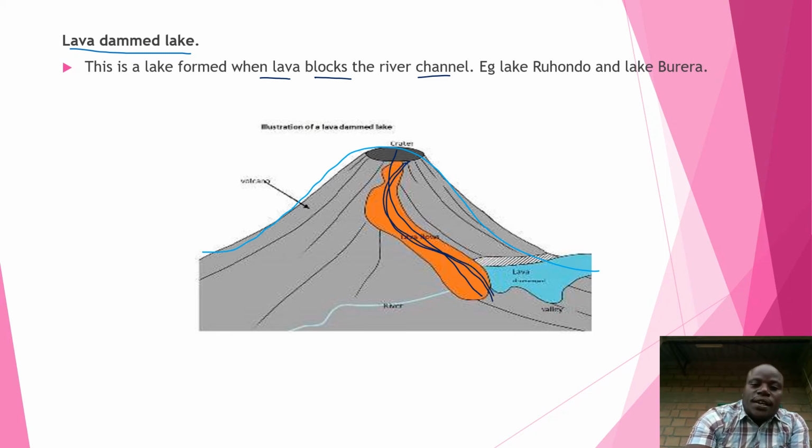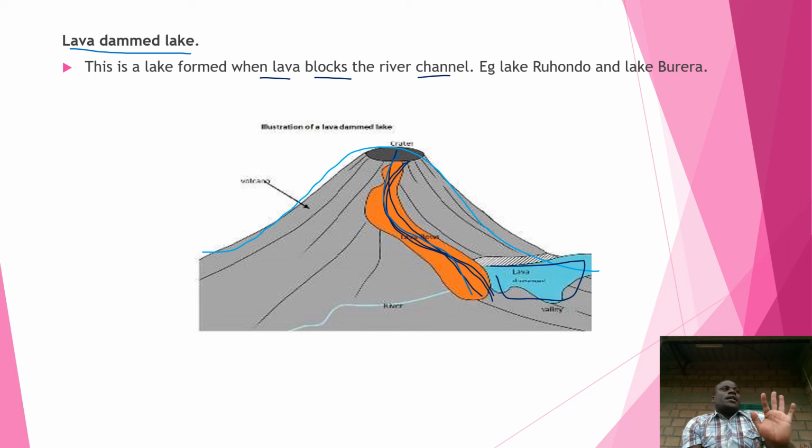This fluid lava is flowing on the slope of the mountain. By the time it joins the valley, it meets a river, and it blocks the channel of the river. The water collected behind the solidified lava forms a reservoir called a lava dammed lake.